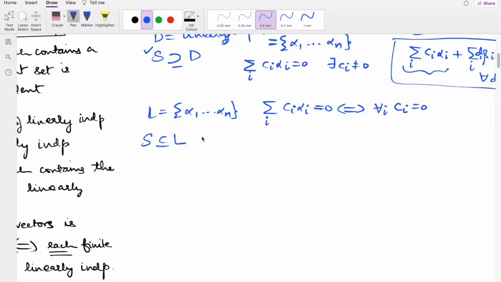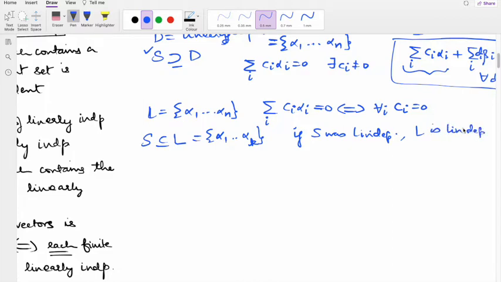Let's say I choose this S to be alpha 1 to alpha k. Now, if this set S was linearly dependent, then by the above property, L should be linearly dependent.